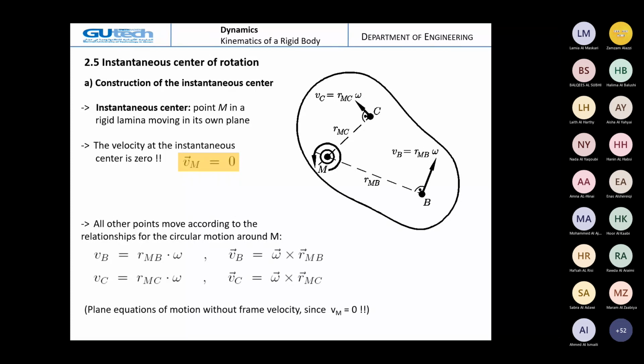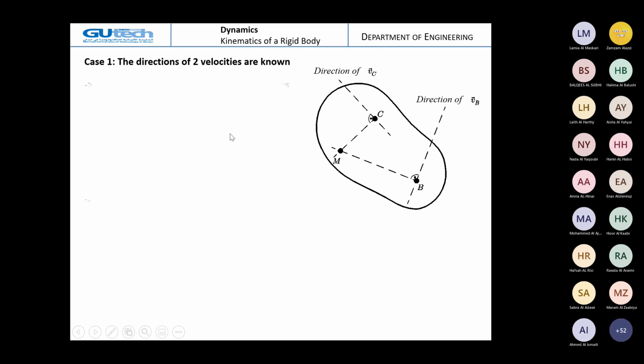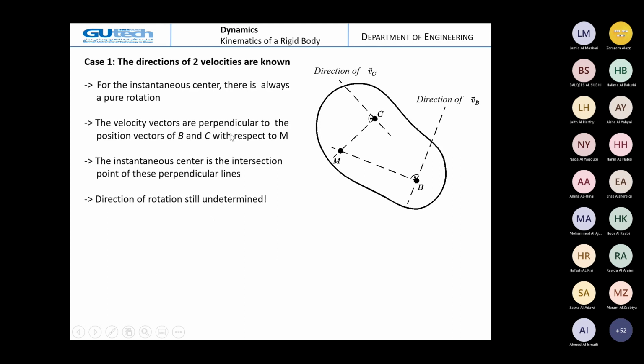Then we have the plane equation of motion without frame velocity since Vm is equal to 0. Okay. Now, the methodology is the following. The directions of two velocities are known.